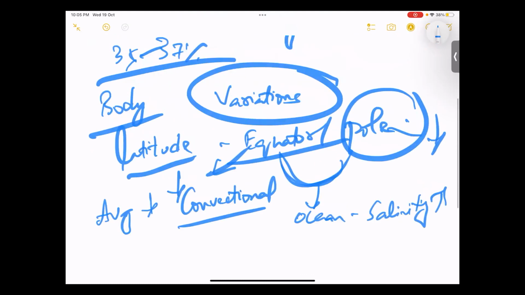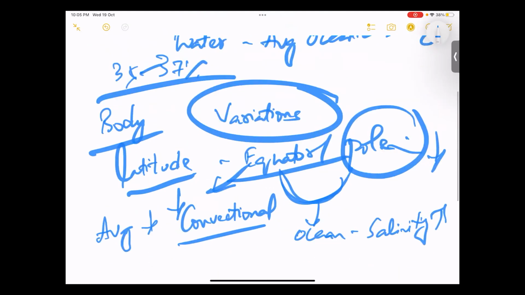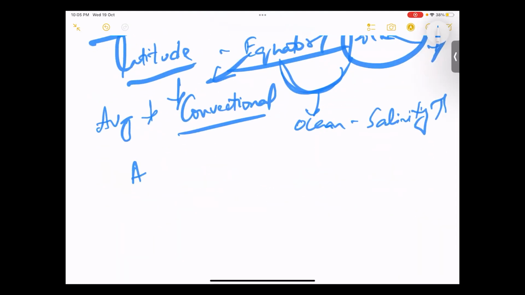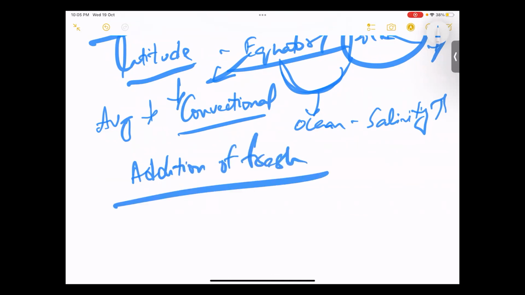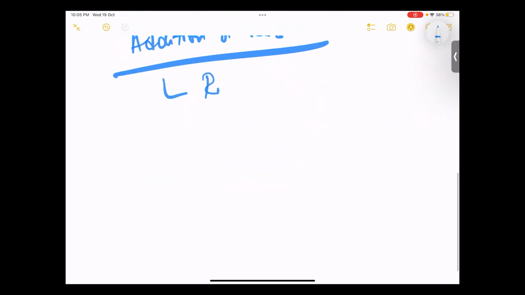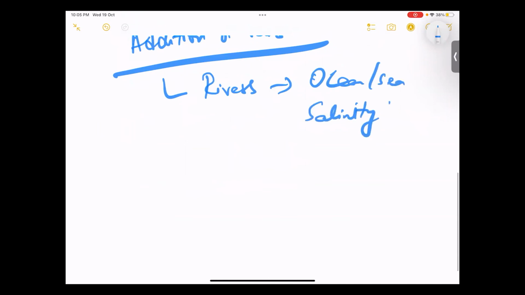And then what is the other thing? The other thing is addition of fresh water. If more rivers come and join the ocean or sea, it becomes less in salinity, and vice versa. Here you can give the example of India.